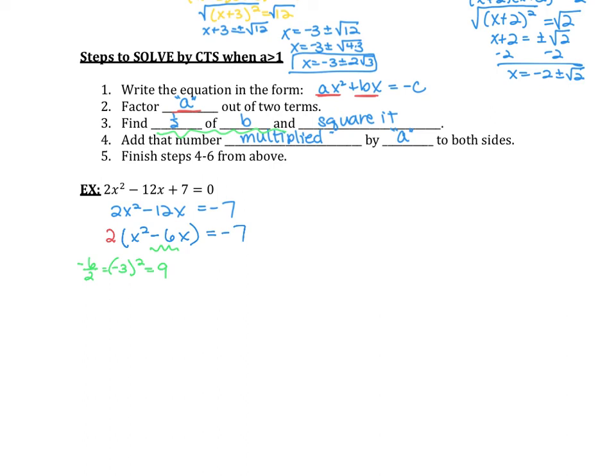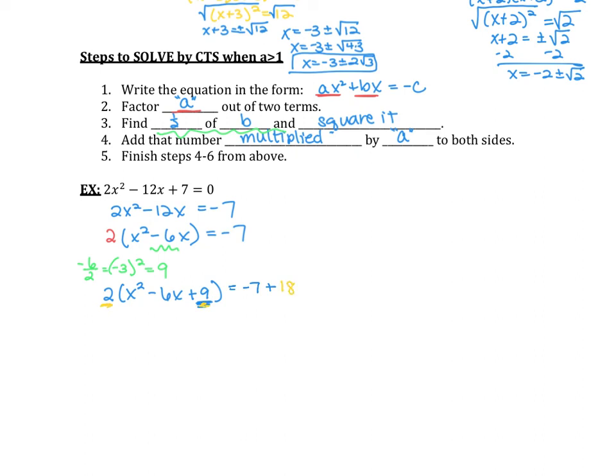So let me show you what that looks like. On the left-hand side, we would have 2 times the parentheses x squared minus 6x plus 9. So really what I'm doing is multiplying a, this 2, by this 9. I just didn't write it. And that's going to equal negative 7 plus, remember I need to add to both sides, but this time I'm adding a times the b, so I'm adding 2 times 9.